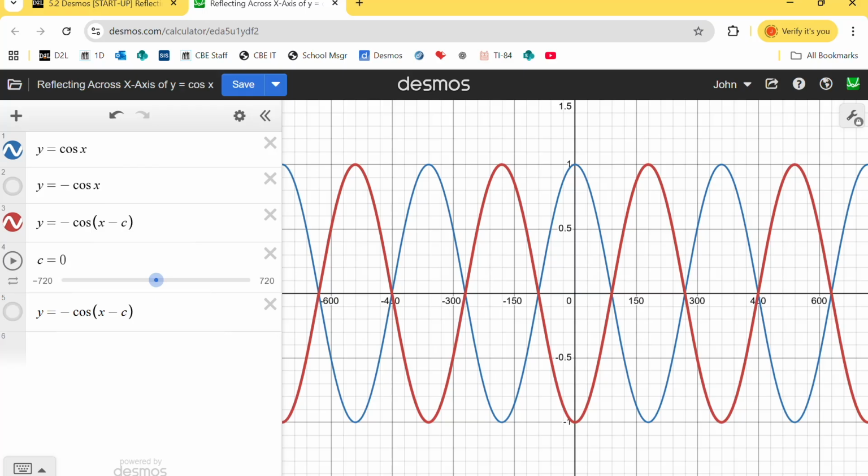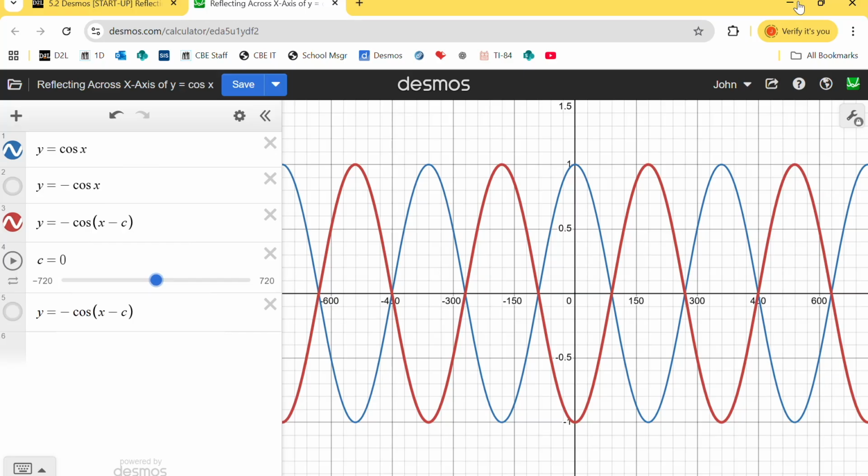In other words, do a phase shift of positive 180 degrees or negative 180 degrees. So I can write an equivalent equation if I go from the positive cosine, y equals cosine of x. What's the equivalent version of that when I have y equals negative cosine of x minus c?